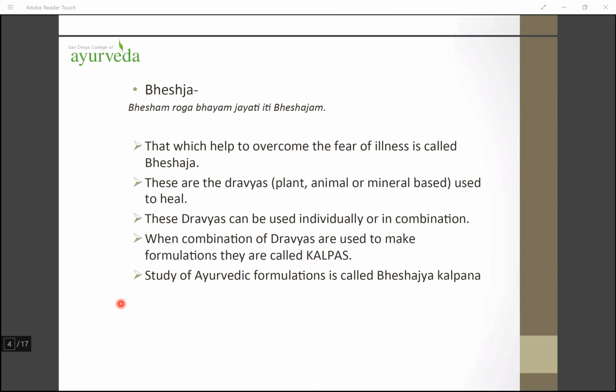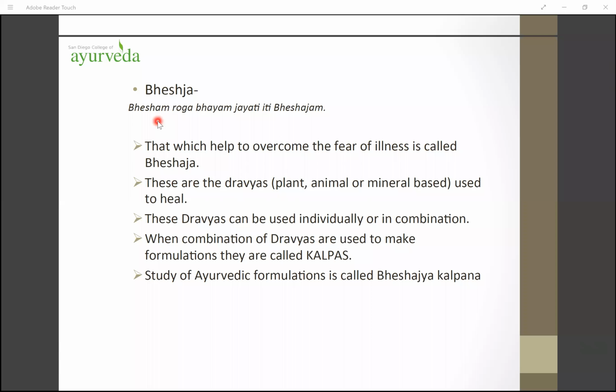So Bheshajya came into being from the phrase Bhesham Roga Bhayam Jayati iti Bheshajam. So that which helps you overcome the fear of illness. Roga Bhayam Jayati. Jayati means winning over something or overcoming. Roga Bhayam, fear of illness, is called Bheshajam, is called your medicine, Bheshajya.